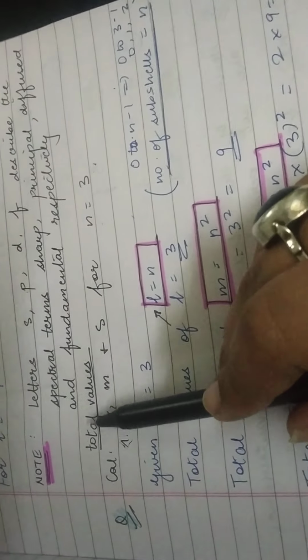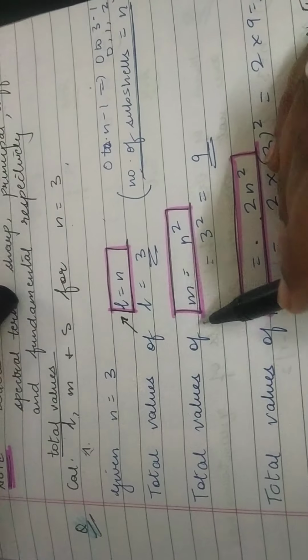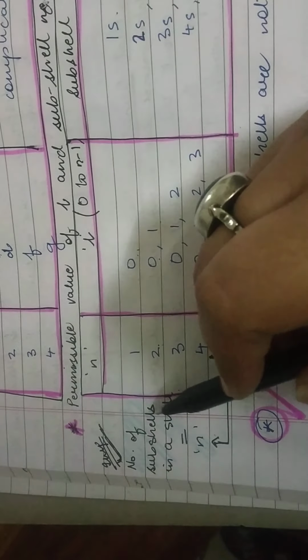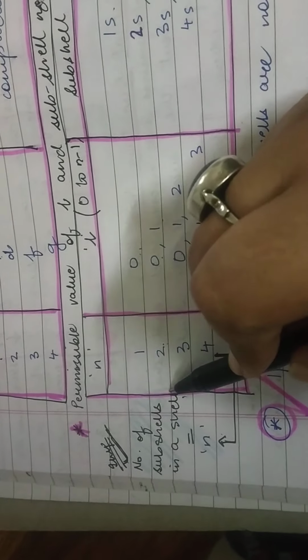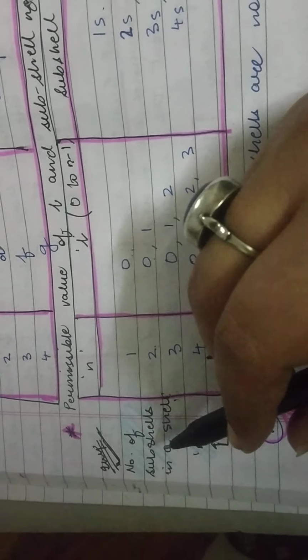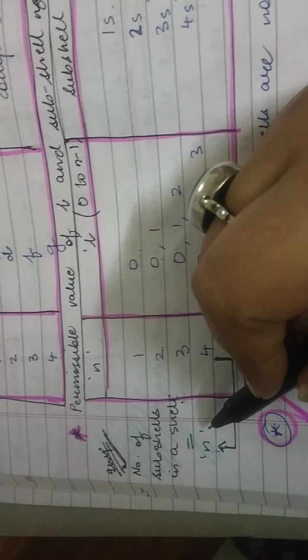If you are asked the total values, here we were finding out all the values. Here if total values are asked, I explained to you in the last video also, against this chart, a very important point: the number of subshells in a shell, that is how many subshells a shell is formed of, is equal to the shell number itself.